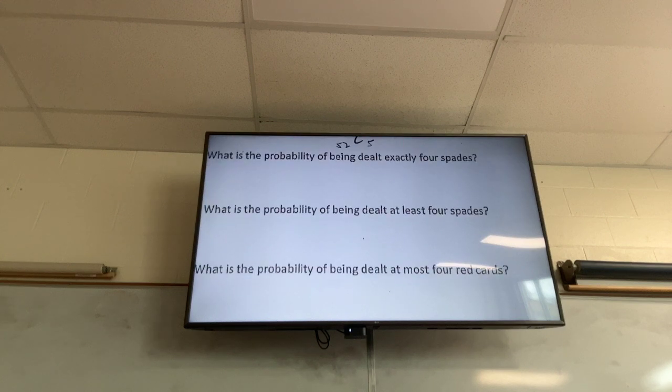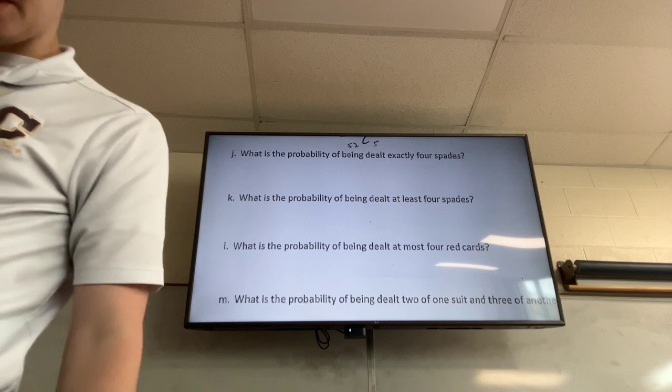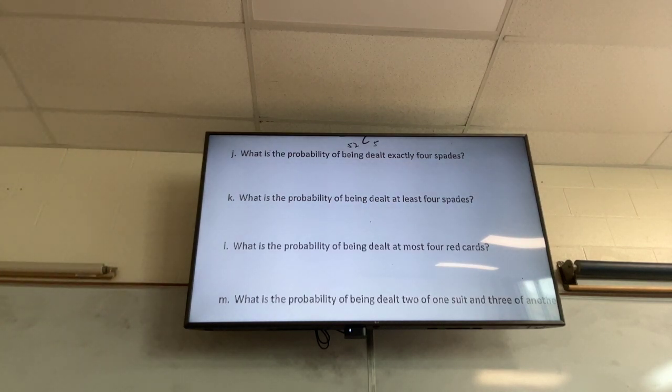Probability of being dealt exactly 4 spades. There's 13 spades to choose from. We're going to choose 4 of them. And then we have 1 card left in our hand that's not going to be a spade. So we're choosing how many cards from that category? We're choosing 1. And how many non-spades are there? 39.